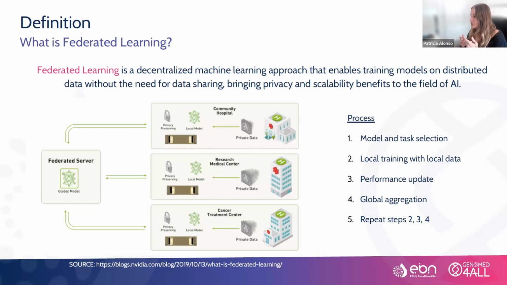Well, it refers to an approach where instead of having all the data stored and processed in a single location, in this decentralized approach, the data is kept in the hospitals or centers where it was generated, as I said before. This allows the machine learning model, the AI model, to be trained at each location without moving the data.